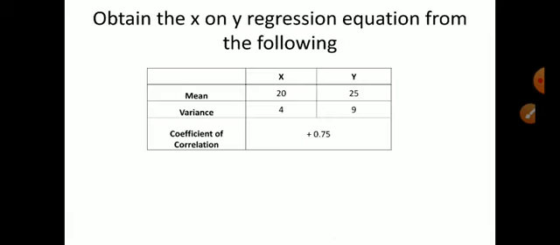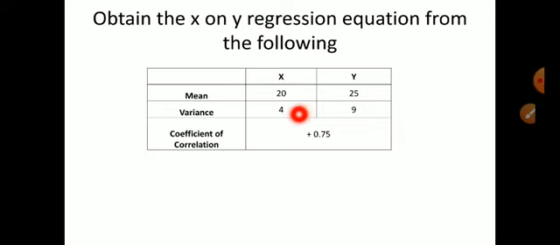Obtain the x on y regression equation from the following data. They have given the mean of x, x bar, as 20, and the mean of y, y bar, as 25. They have not given the standard deviation but instead the variance.